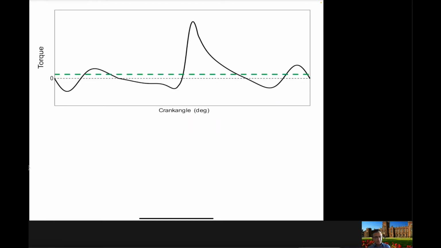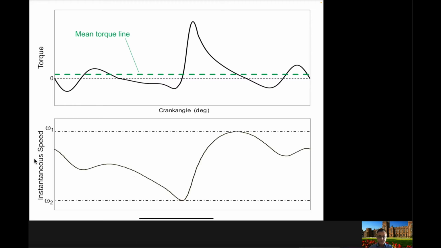Now, if you want to draw how the speed of the crankshaft will change over the cycle of the engine, you can see this in this figure here. So obviously this is our mean torque, the green line, and here we draw the instantaneous speed of the crankshaft.